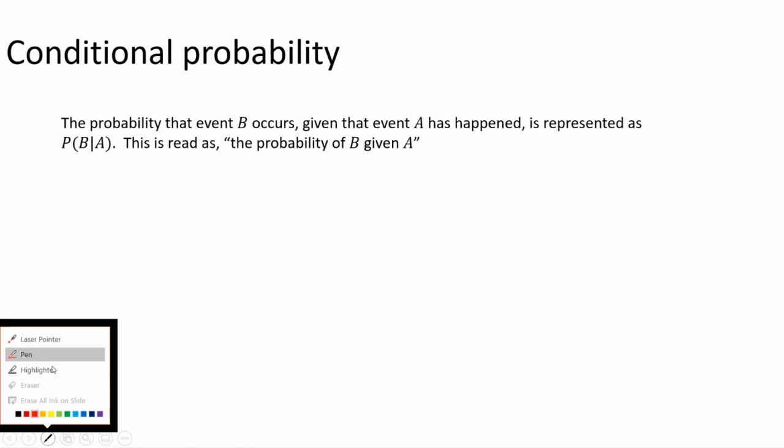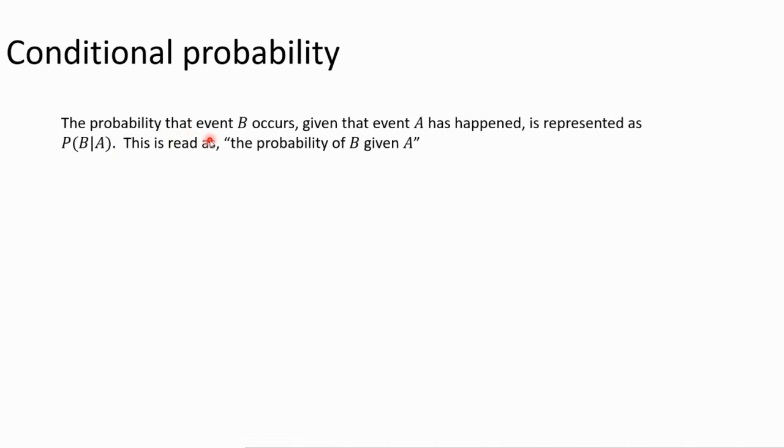This is really more of a notation thing for now, but if you want the probability of an event B occurring, given that the event A has occurred, that's represented by this. Here we're looking for the probability of event B given that event A has occurred.